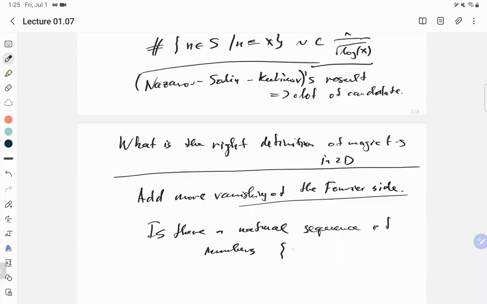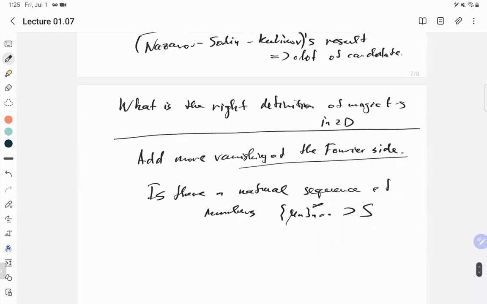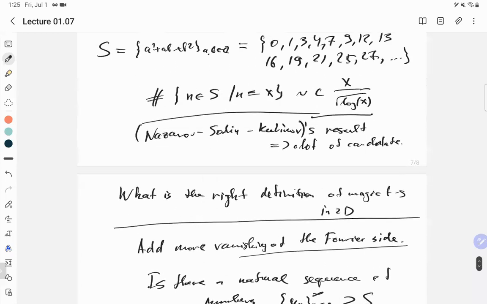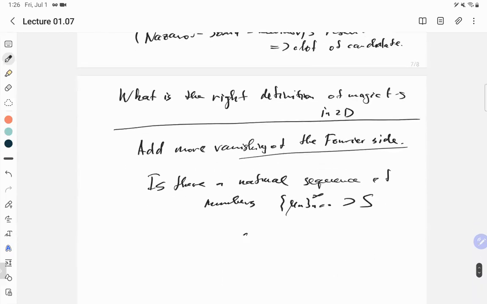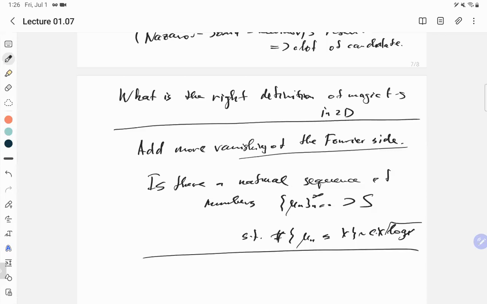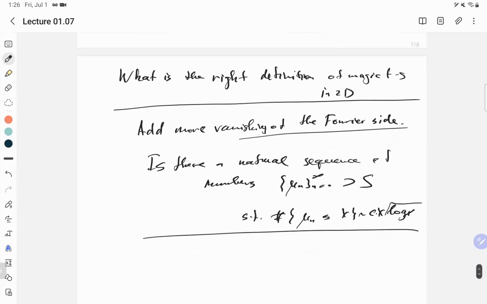I don't know, I'll call them mu n, same way as before, containing the set of integers S, or the set of numbers, like the square roots of these, such that the number of mu n less than x would grow like x with some constant. And if you can figure out what this should be, you can try studying the space of functions whose Fourier transform vanishes on the sequence.